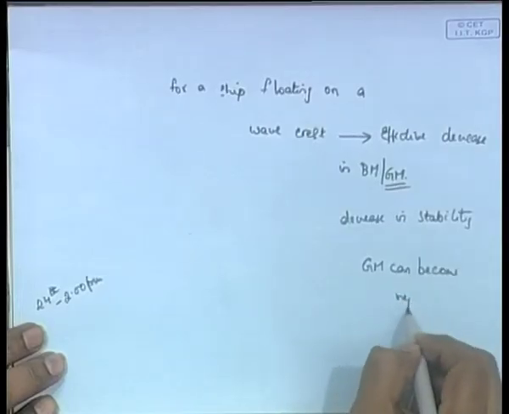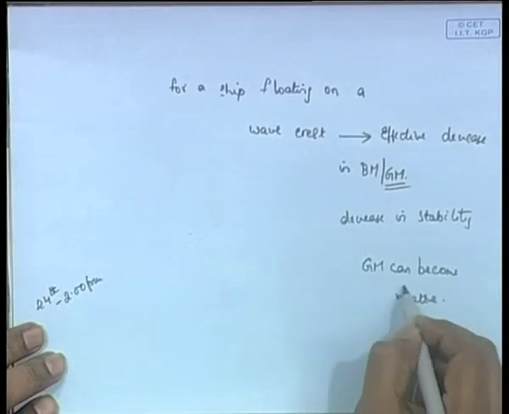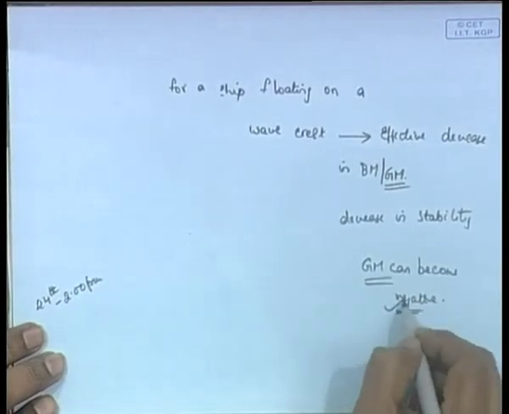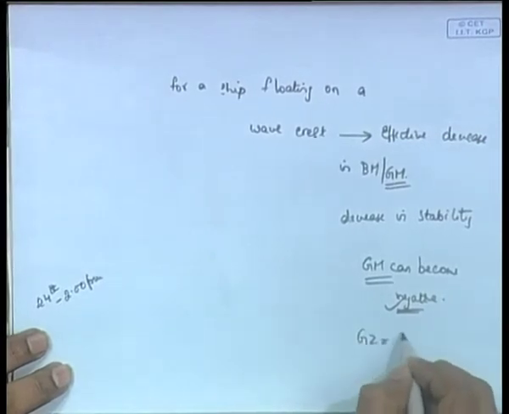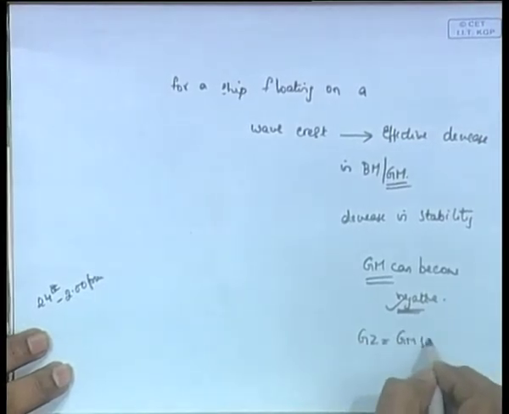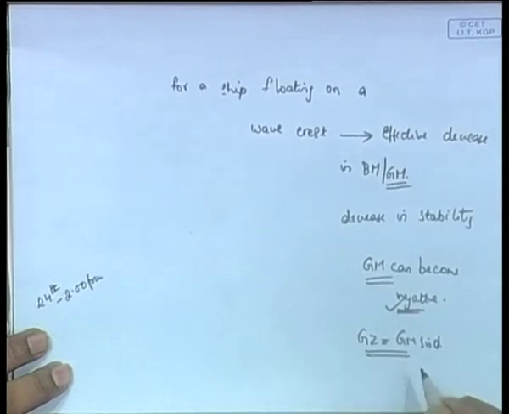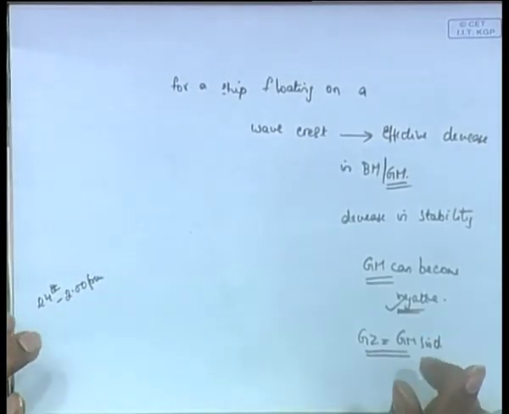So, this GM can end up becoming negative in such cases, and as a result, remember your GZ, which is GM sin phi, also becomes negative. So, the righting moment is becoming negative, meaning it is actually a moment that is going the wrong way. If there is a small wind, there is a heeling moment, and this righting moment is now opposite to restoring; it is no longer restoring the ship, it is trying to destabilize the ship, and it adds to the wind heeling moment.